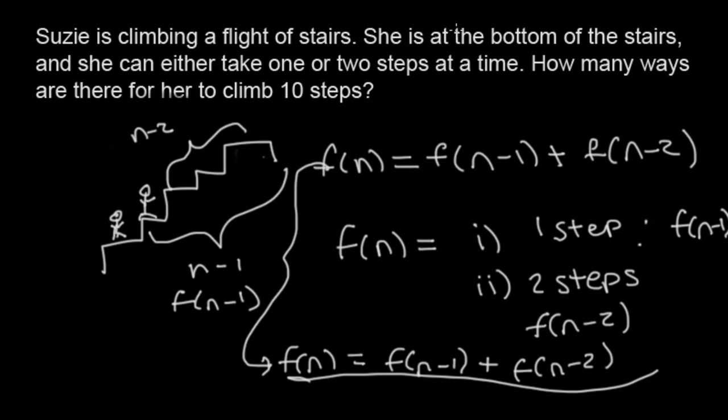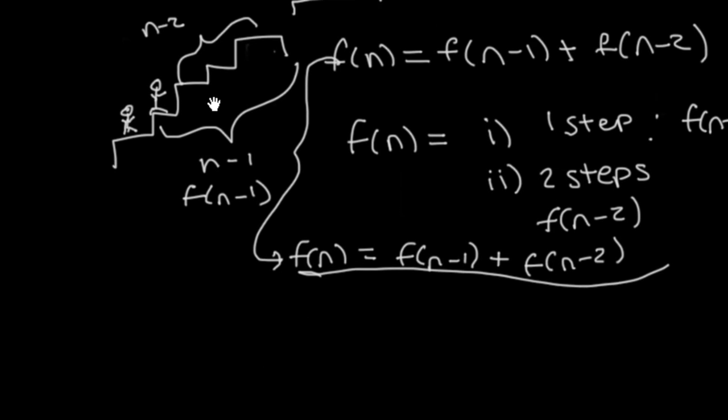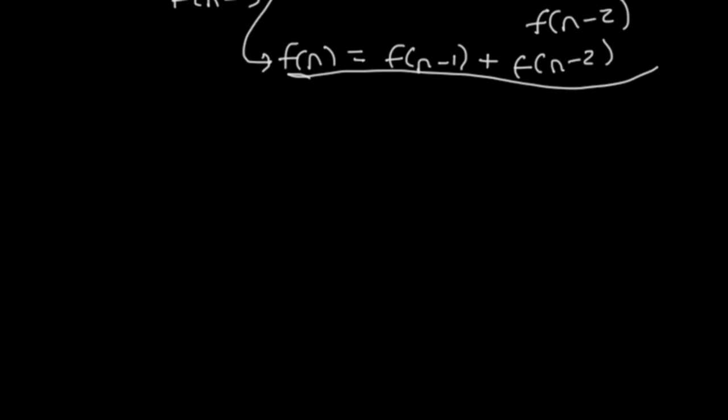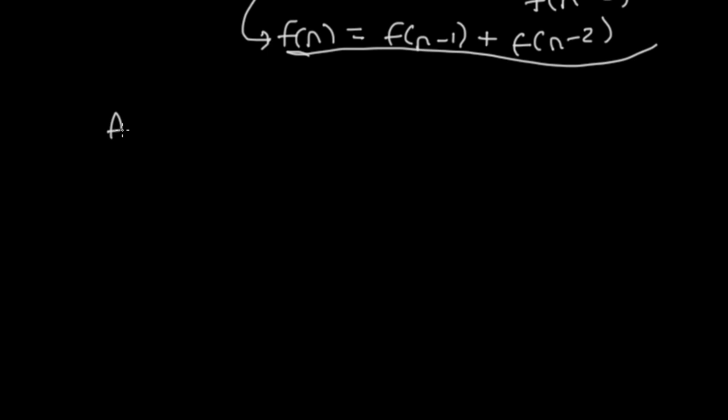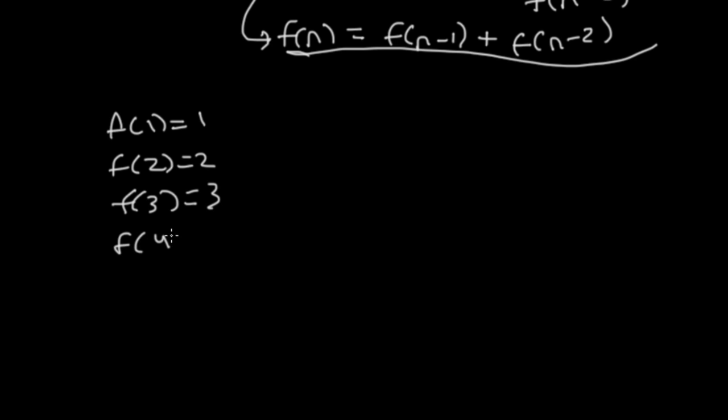And now we try to use that to find how many ways we can climb 10 steps. We know F1 equals 1, F2 equals 2. Similarly, now we know this, we can see that 1 plus 2 is 3. F4 is 2 plus 3, which is 5.